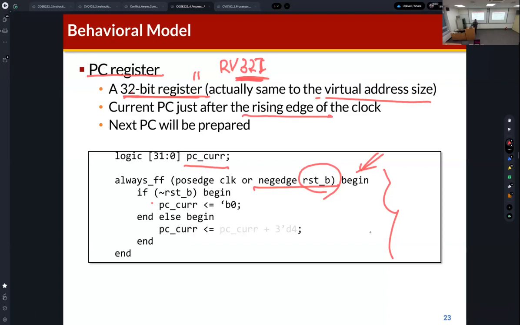Otherwise, in the normal case, the current PC is updated with PC underbar next, and this value is PC underbar curr plus 4.